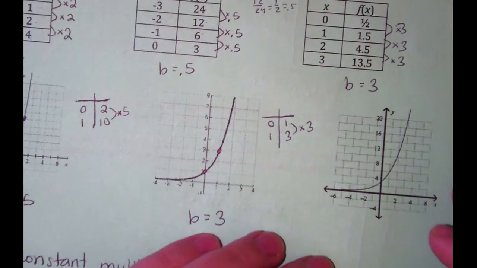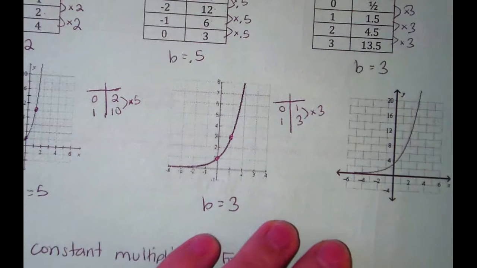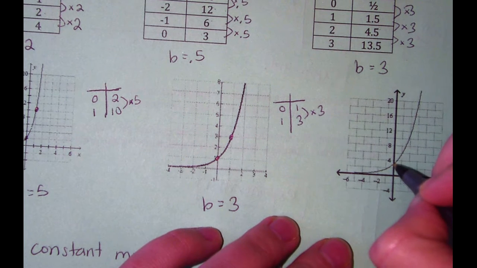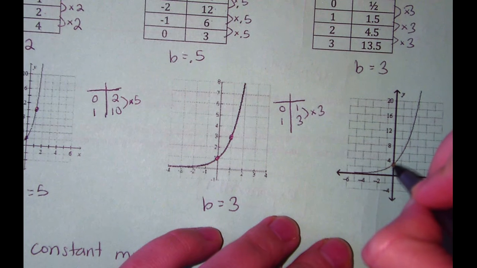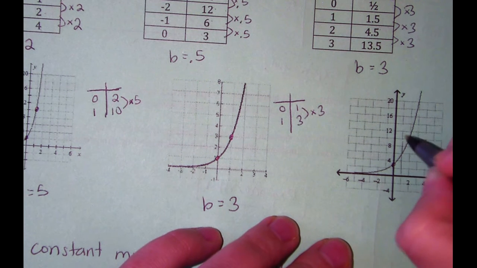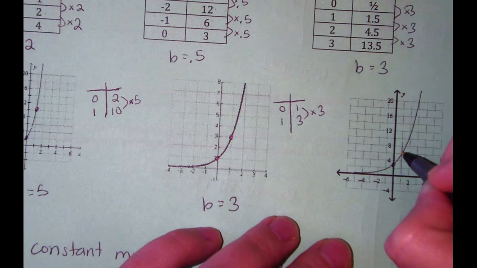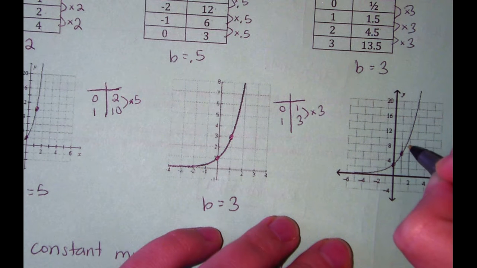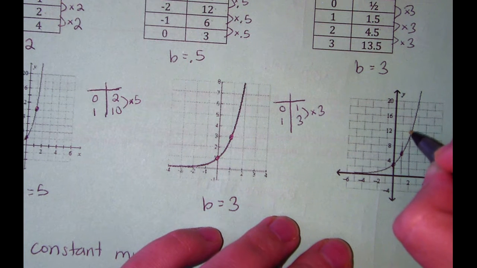Now let's look at this last one. This one's copied kind of funny. It looks like a brick wall for some reason. Here, that is halfway in between 2 and 4, so that's at 3. I fill in these here. That would be at 6. 12.